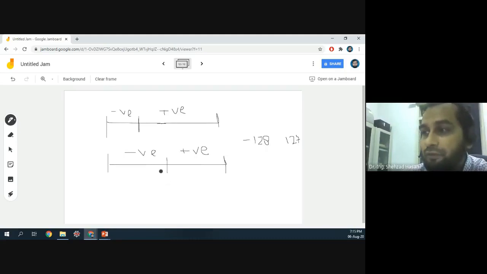So if we go with a bias of 127 instead of 128, then this means that the number zero is actually not zero. It was -128 in our previous example.